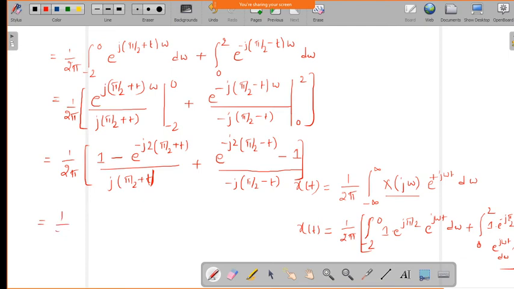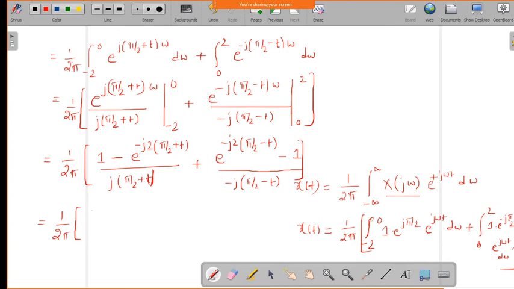So what you will get? 1 over 2 pi into... you can take j common and put it in the numerator, or else you can take the common factor.